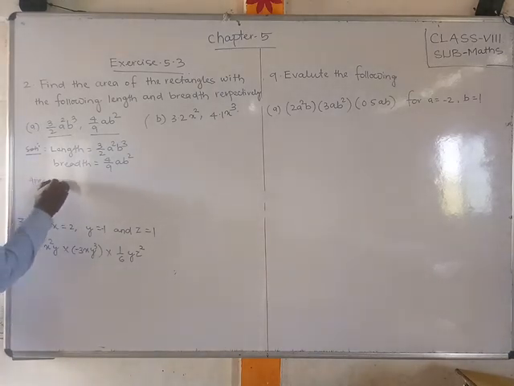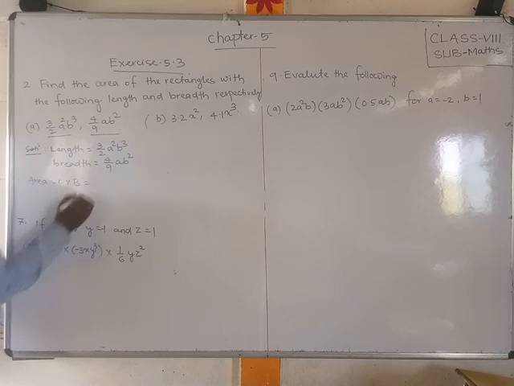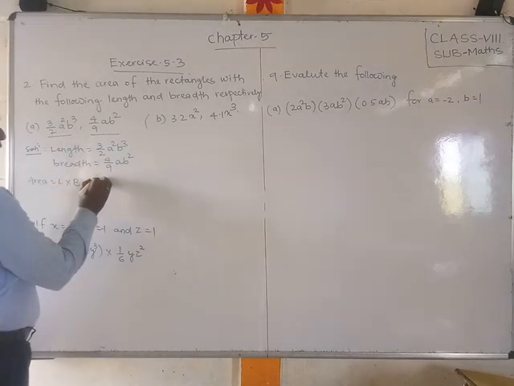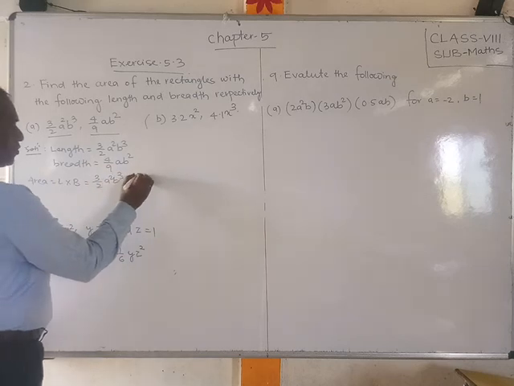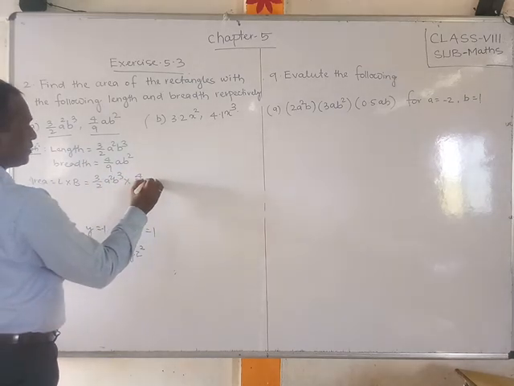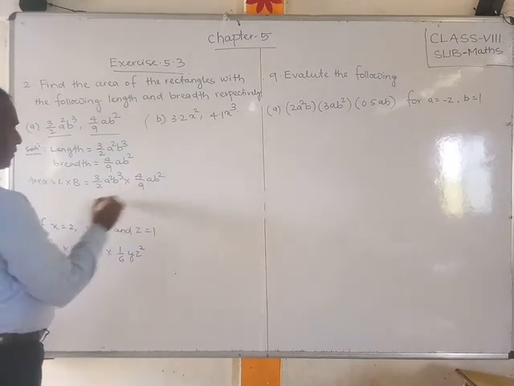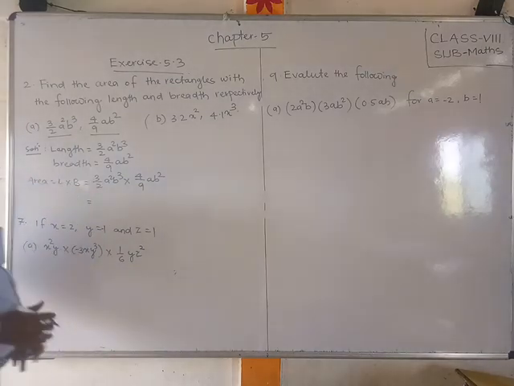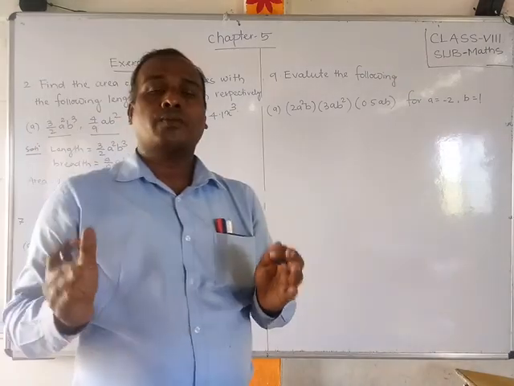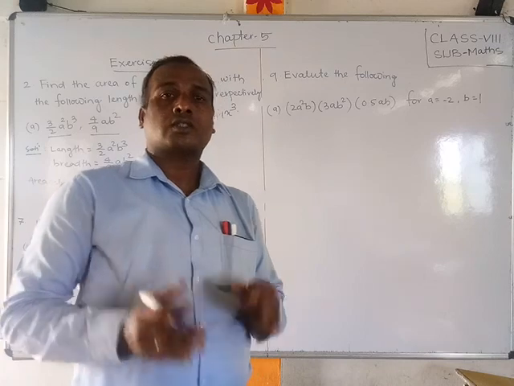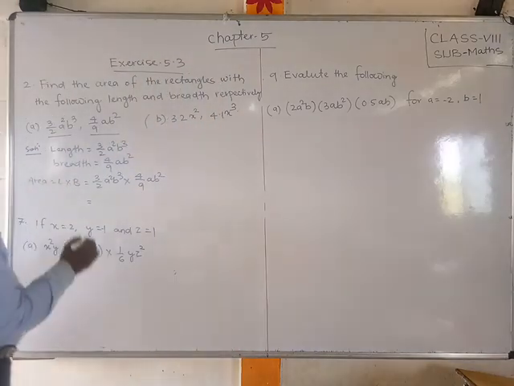Because area is equal to, we know, L into B, length into breadth, is equal to 3 by 2 a square b cube into 4 by 9 a b square. First of all, the constant values you should multiply.